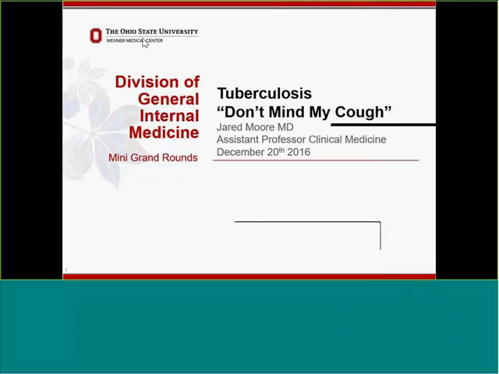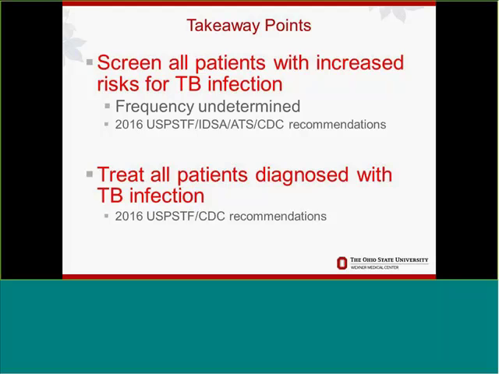So this talk is really going to focus largely on how do we go about screening patients, number one, and then sort of the overarching recommendations to treat all patients diagnosed with TB infection. And those are a little bit newer recommendations that have come out this year.